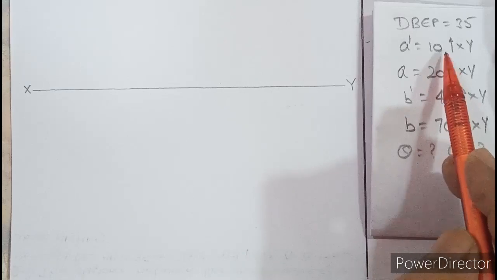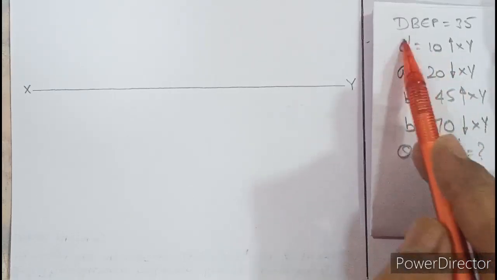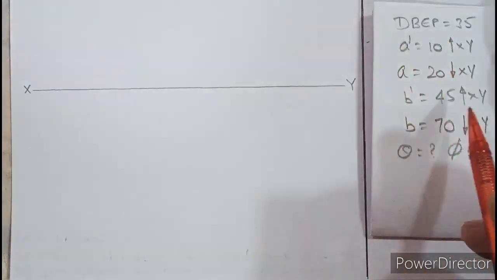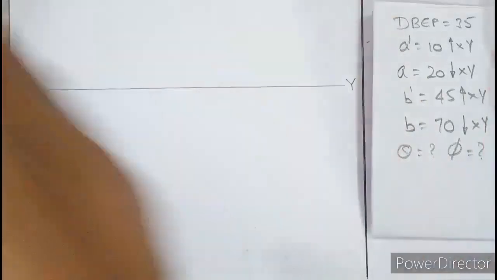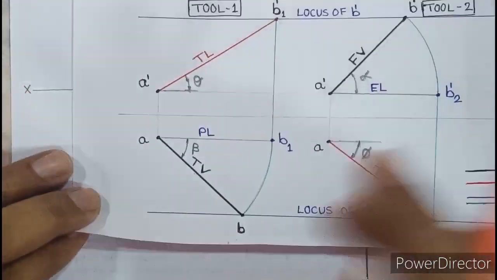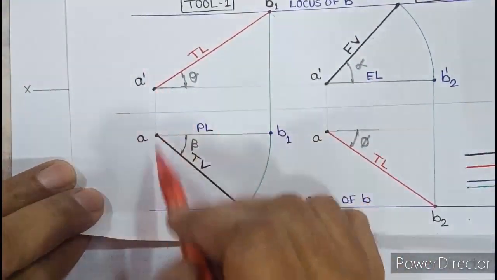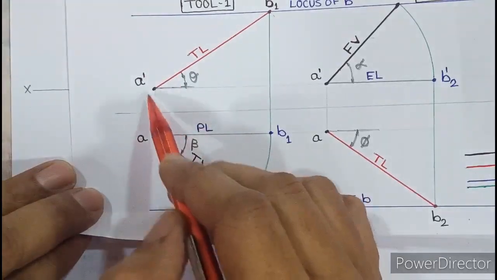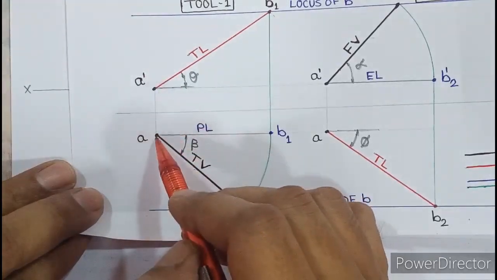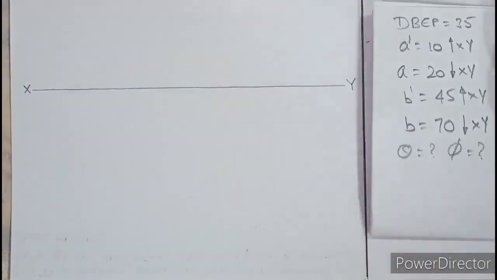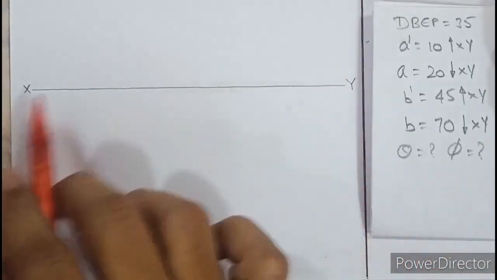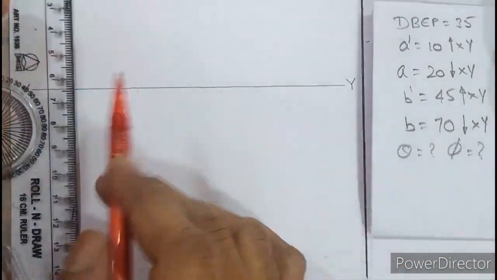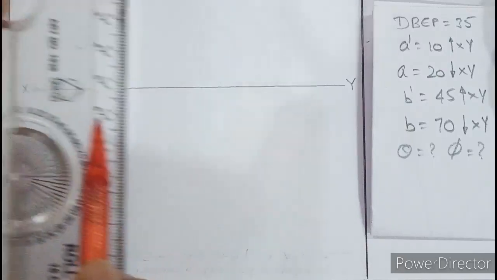Our next job is to mark A dash and A on the same projector, which is 10 and 20. As per the tool, A dash and A always lie on the same vertical line. So we'll mark A dash 10 above and A 20 below on a light projector. The next step is drawing a line perpendicular to XY. If you look at the scale, you can see a line at any number like 6.